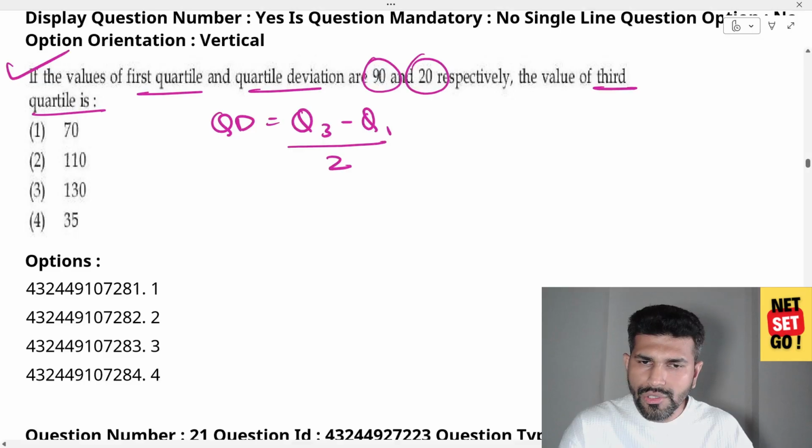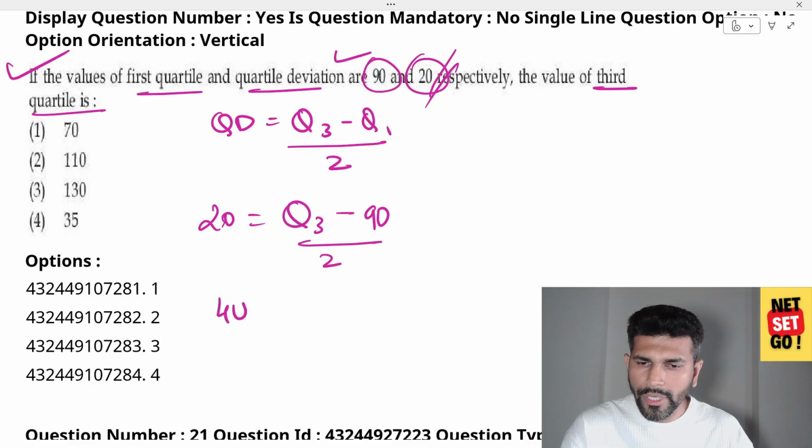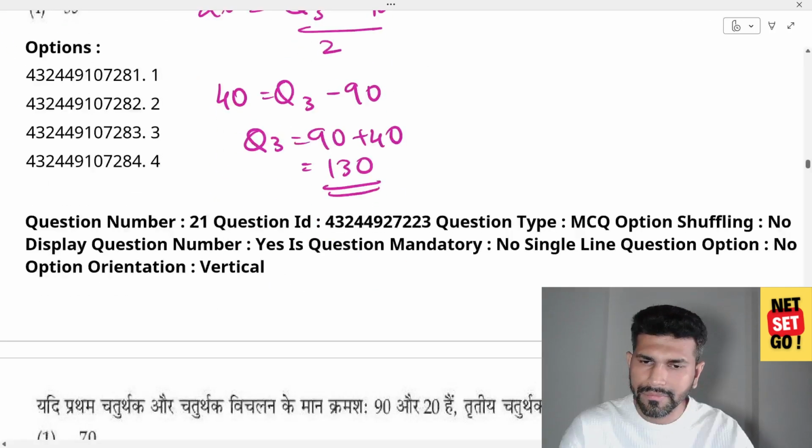Quartile deviation is 20, equals quartile 3, which we need to identify, minus quartile 1, which is 90, divided by 2. So 40 equals Q3 minus 90. So Q3 equals 90 plus 40. So 130 is the correct answer. Option 3 is the correct answer.